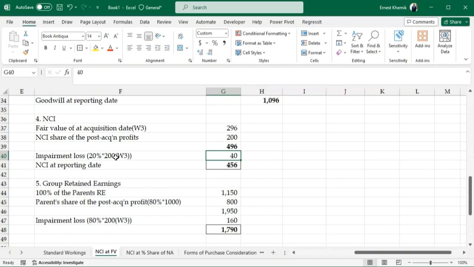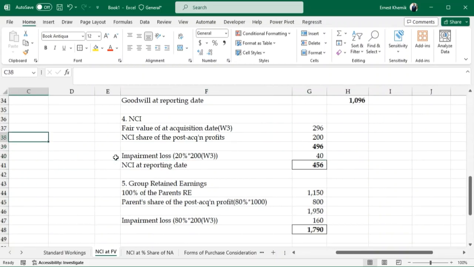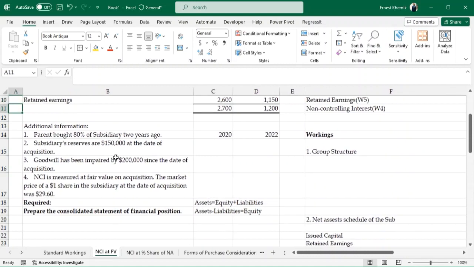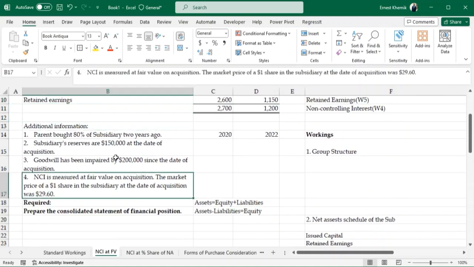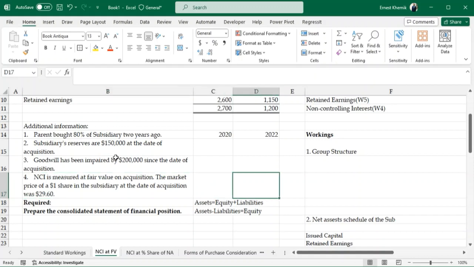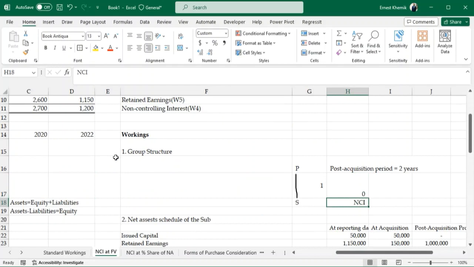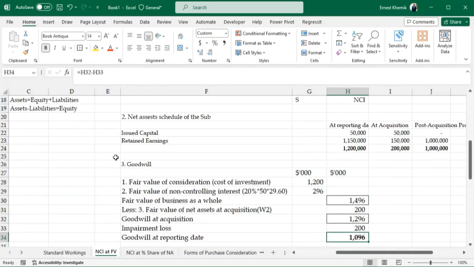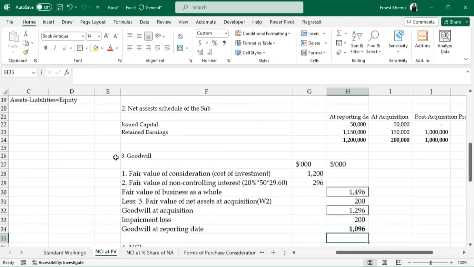So in other questions, instead of seeing that NCI is measured at fair value on acquisition, you can see the NCI is being measured at its full fair value. That is because it contains the entire portion of its value in the business.